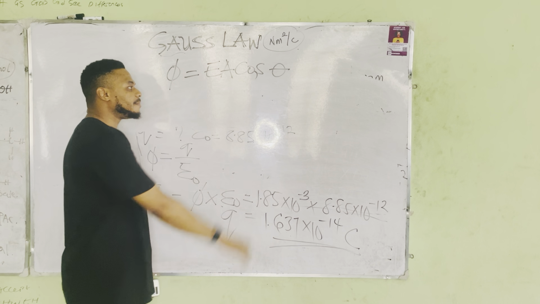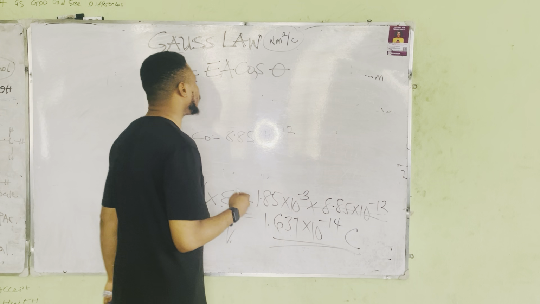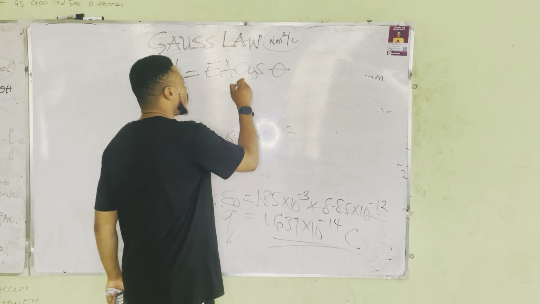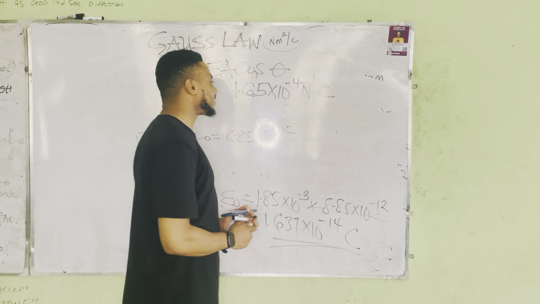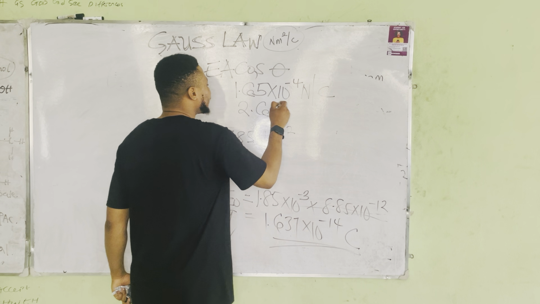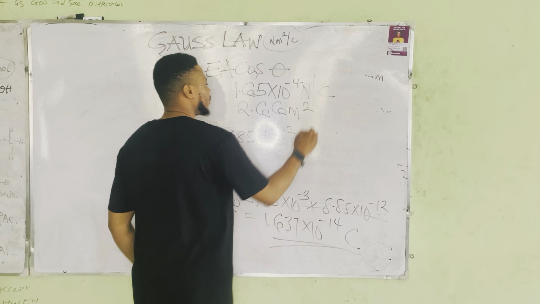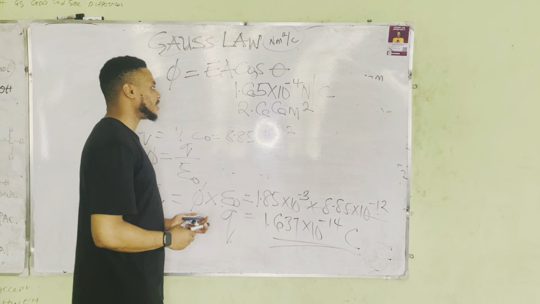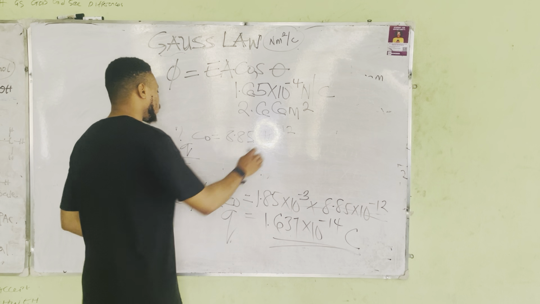A surface enclosed by an electric field intensity of 1.65 times 10 raised to power minus 4 newtons per coulomb occupies an area of 2.66 meters squared. Determine the electric flux.